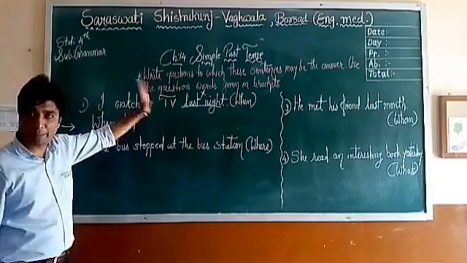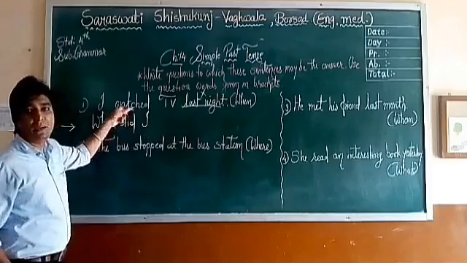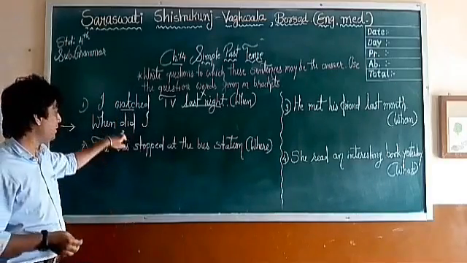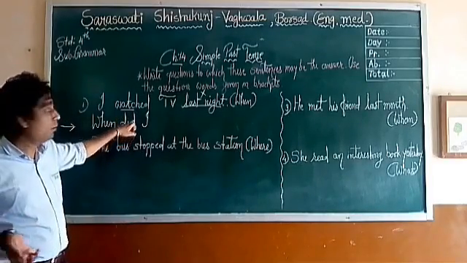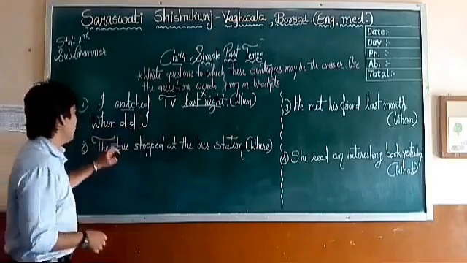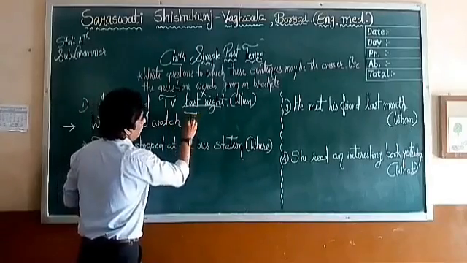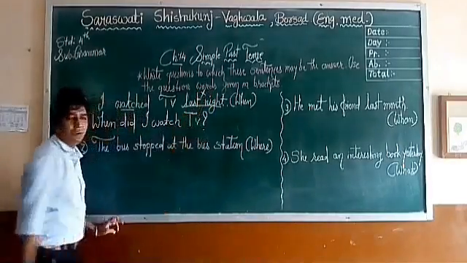Start copying. When did I, past becomes present, because did is already given. So the verb which is in the past tense will be in present tense. When did I watch TV? Question mark.